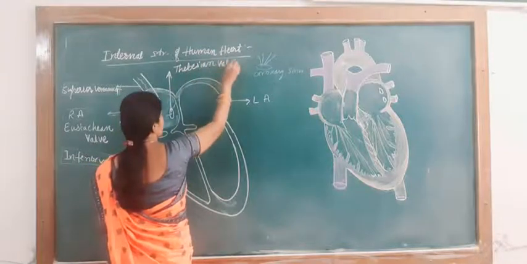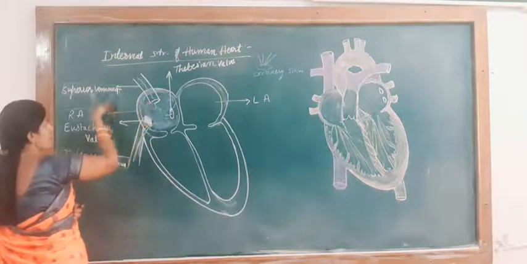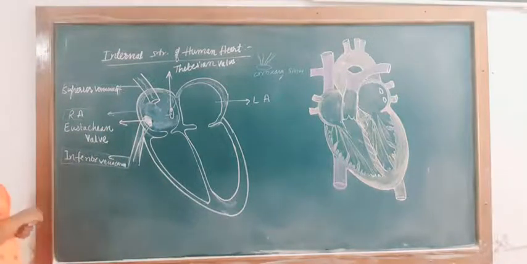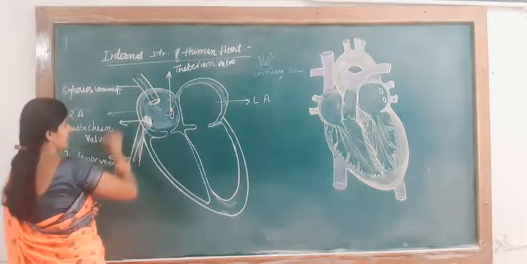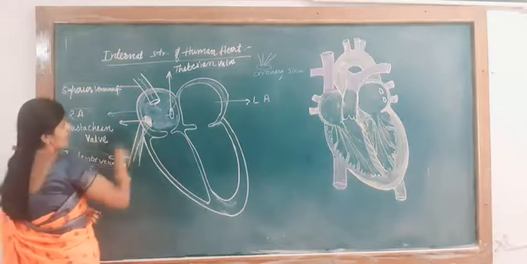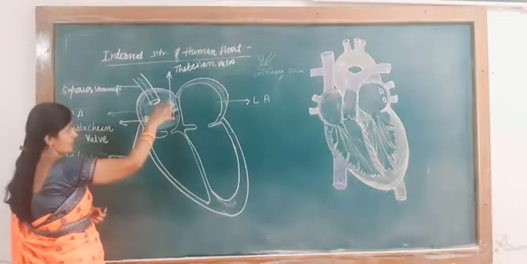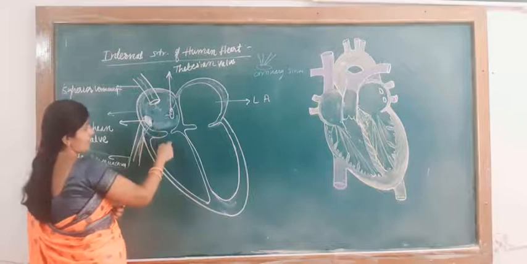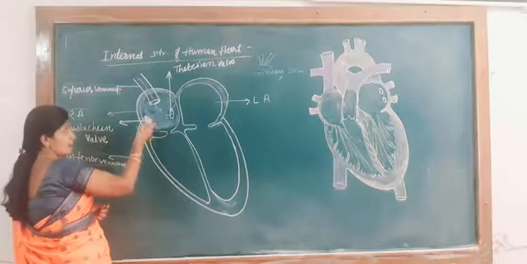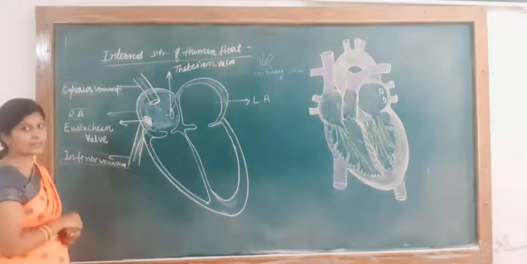Thebesian valve. But the superior vena cava, or precaval vein, does not have any valve. No valve is present in the superior vena cava's opening, because when the wall of the atria contracts, blood will pass here, and the blood may not go reverse into the inferior vena cava and the coronary sinus.